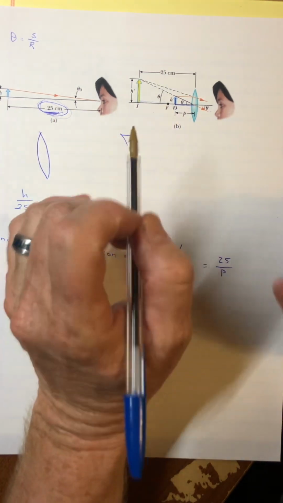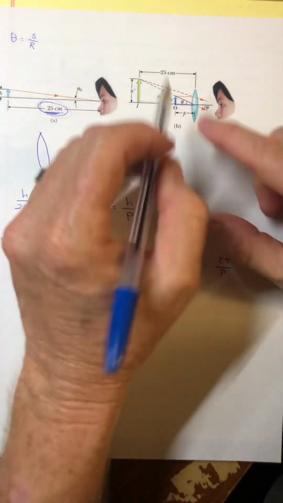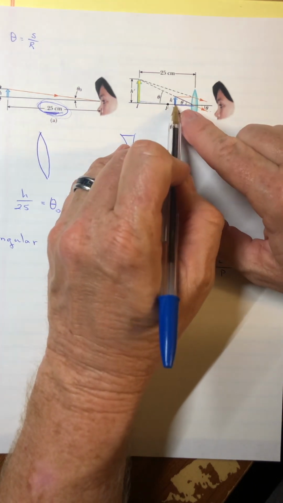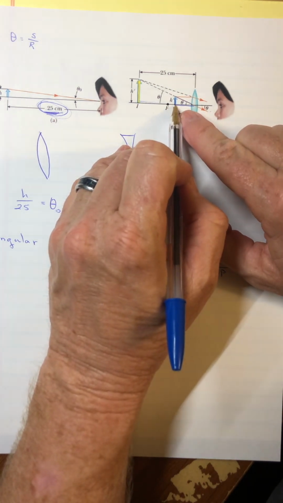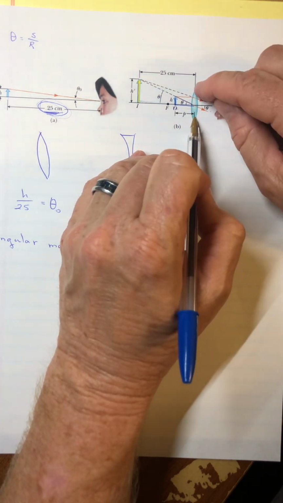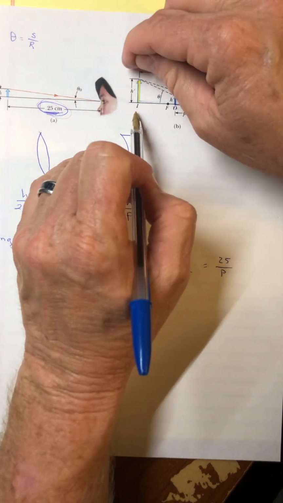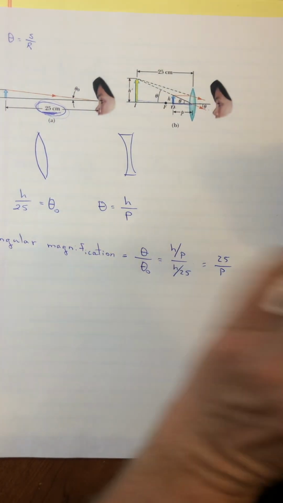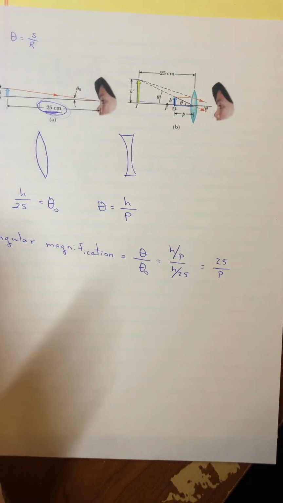And so here, you might say what I'm really doing is I am taking something and getting it close, but using the lens to redirect the light so that it appears to be coming far away, because if it appears to be coming far away, my eyes can focus on that. And so I need to get it at 25.